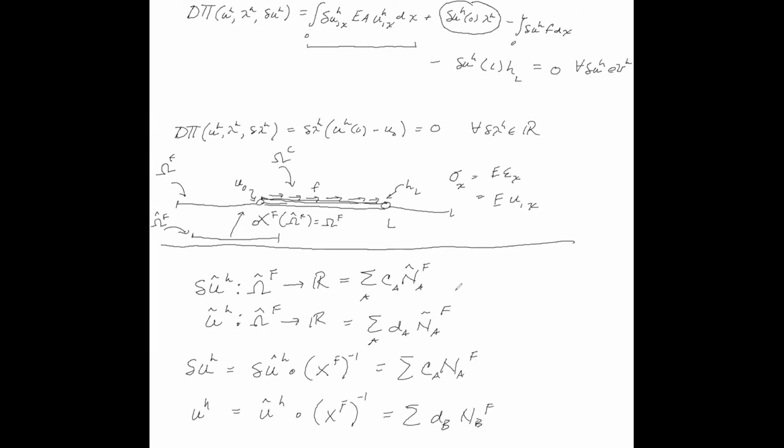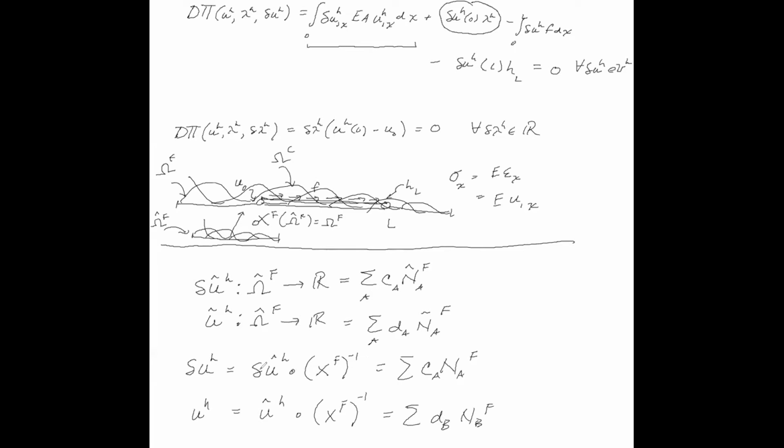Okay, so now what's happened is we've taken our basis functions that were originally defined in the parametric domain and we've mapped them up onto our physical domain. And we're going to use these functions to approximate our solution. And so that's what this mapping is, right?